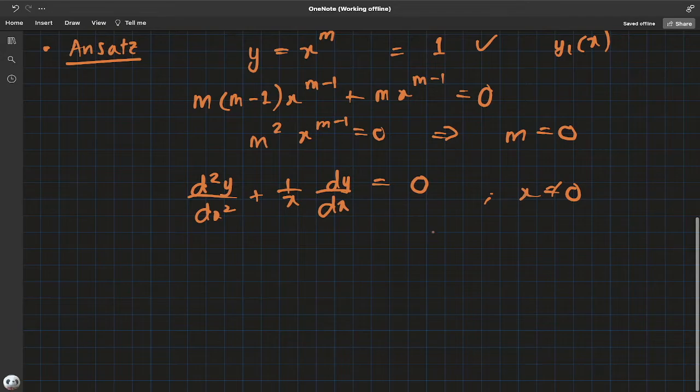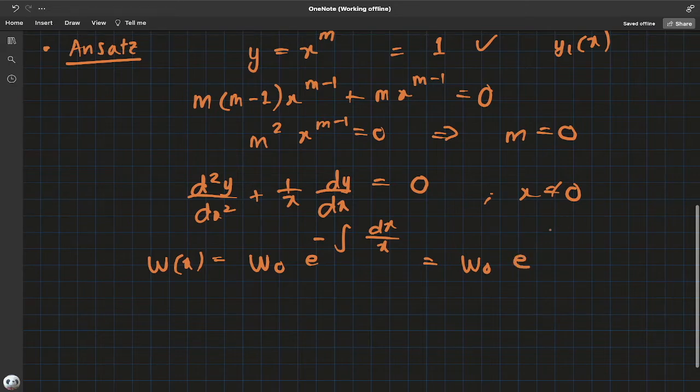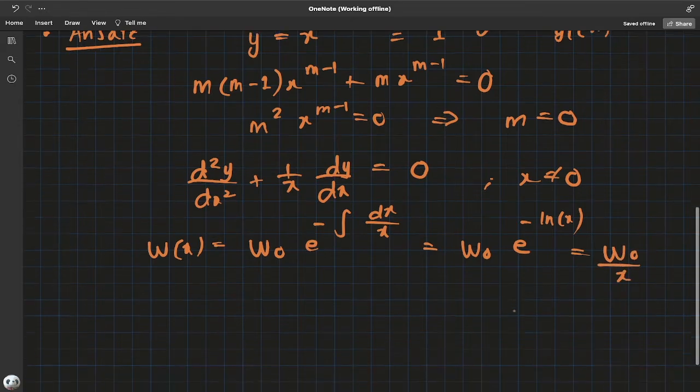So this is a valid assumption. And so we can find the Wronskian now. If you remember, the formula is some constant, w naught, e to the negative integral of p of x dx, and p of x is 1 over x. So w naught e to the negative natural log of x, which just becomes w naught over x. That's the Wronskian.